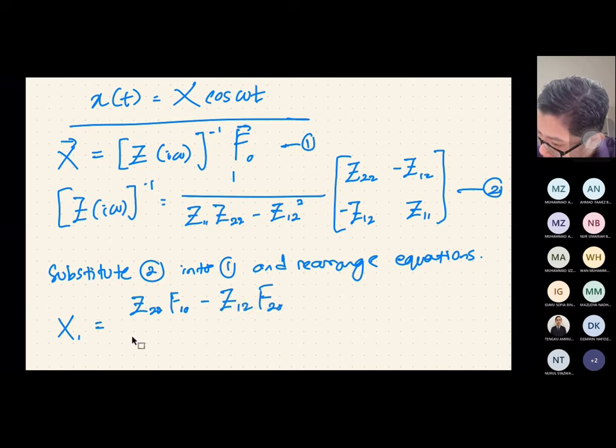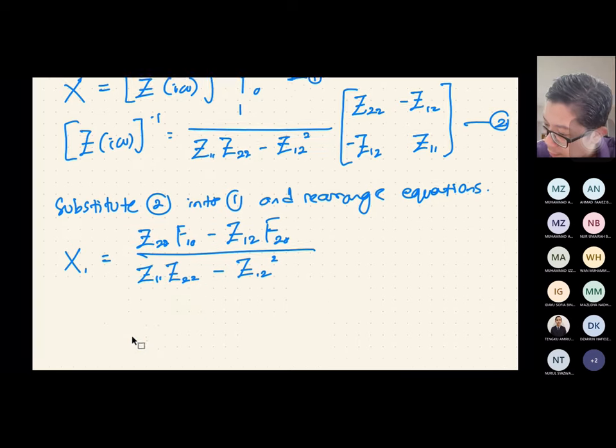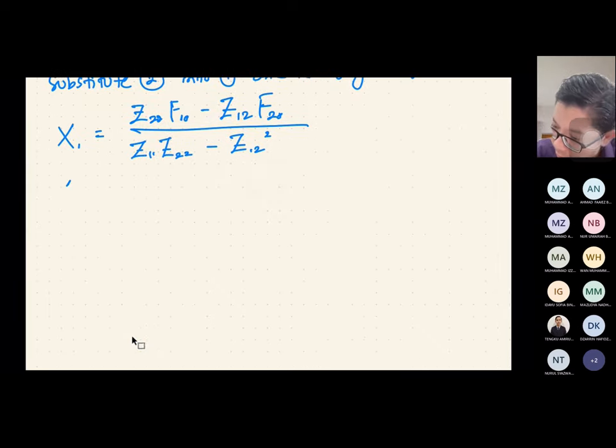Z12 f20 over z11 and z22 minus z12 square. Okay, so this one is x1 and x2, buat benda yang sama lah.